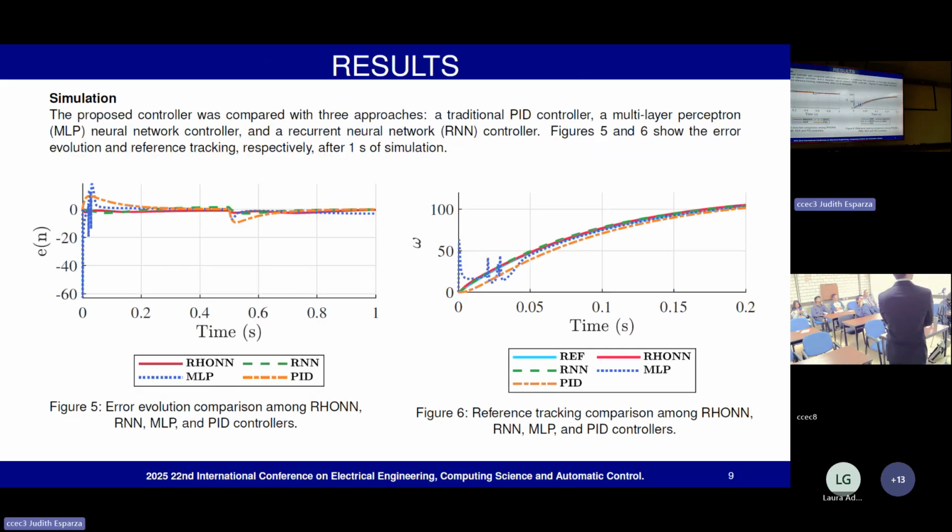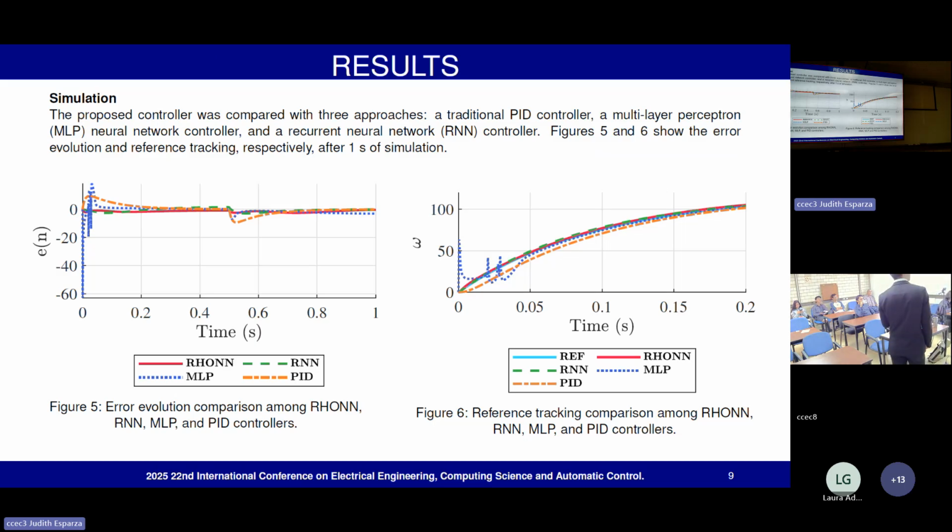For the results, the proposed controller was compared with three approaches: a traditional PID controller, which, as I said before, was tuned using parameters that are not the correct ones, because that's all we know about the system, and a multi-layer perceptron and a recurrent neural network controller.